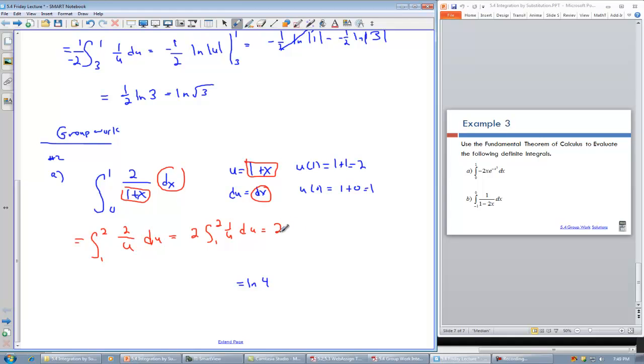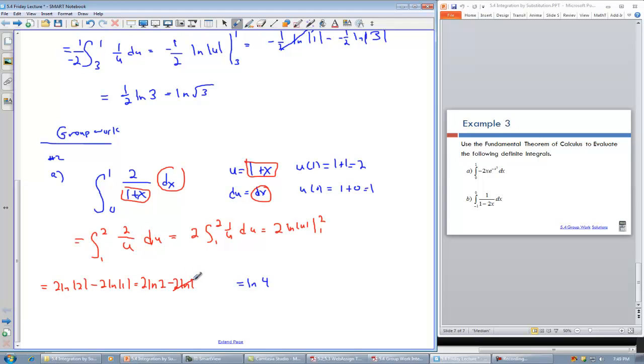So this is equal to 2 times the integral of 1 over u, which is ln of absolute value of u from 1 to 2. And so I can plug in my limits of integration. This is going to be equal to 2 times ln absolute value of 2 minus 2 times ln absolute value of 1, which is the same thing as 2 ln of 2 minus 2 ln of 1.